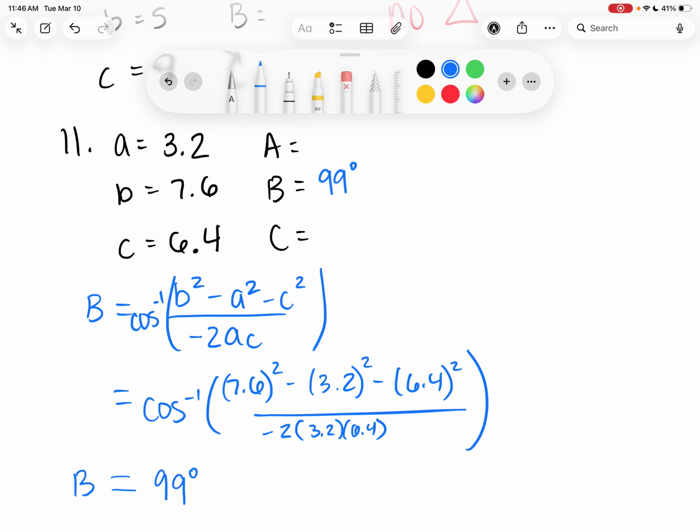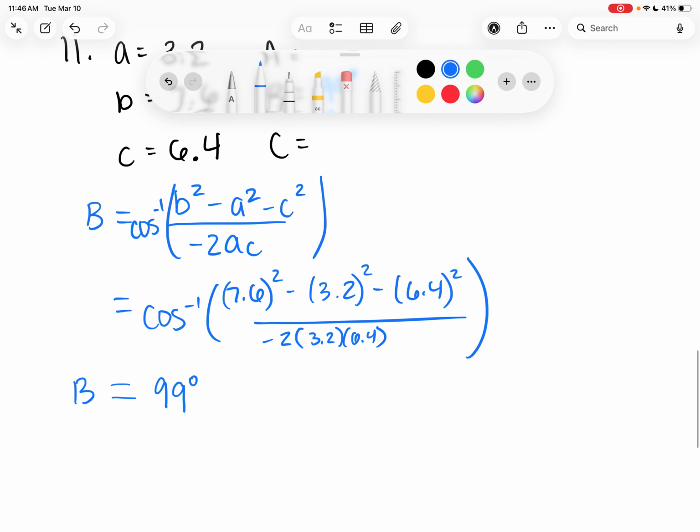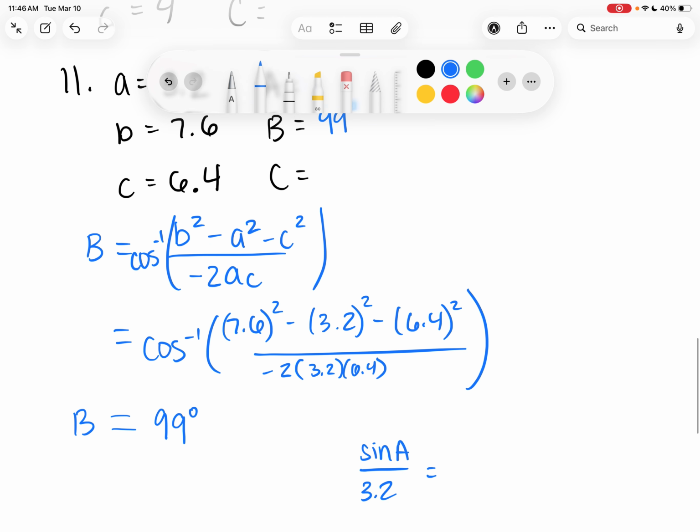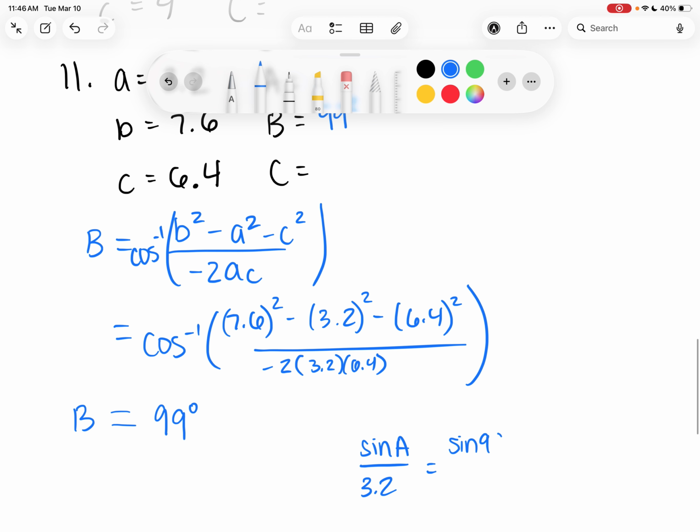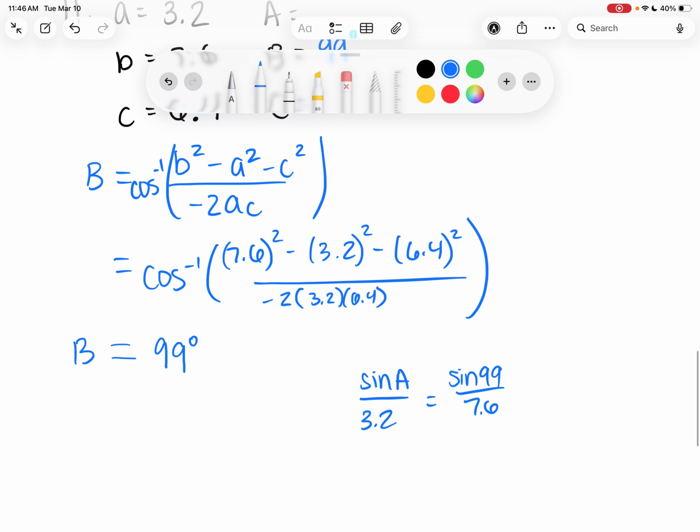There's no issues. So solving for angle A then, we're going to have, not angle A, the sine of A over 3.2 is equal to sine of 99 over 7.6. So I have A is the inverse sine of 3.2 times the sine of 99 over 7.6.